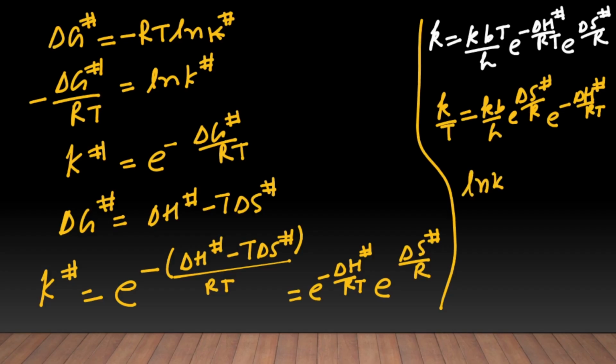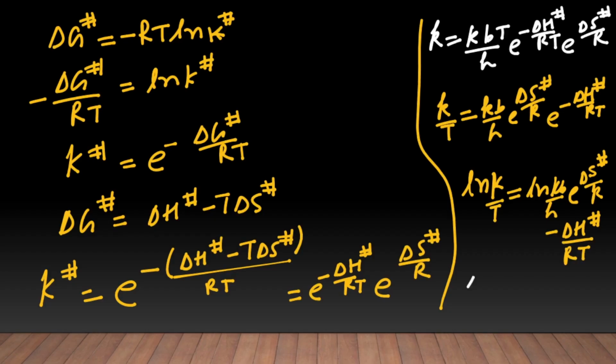Take the natural log on both sides. ln of k by T is equal to ln of kB upon h into e raised to the power of delta S dash upon R, minus delta H dash upon RT, right? If I see a plot of natural log of k by T versus 1 by T, it becomes y equals mx plus c, where this term is the intercept.